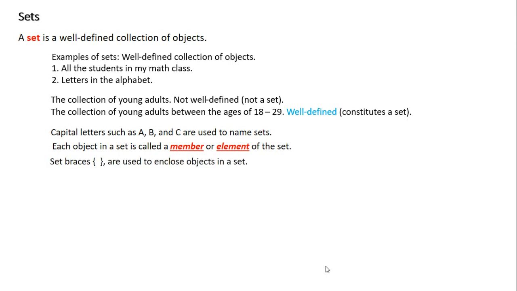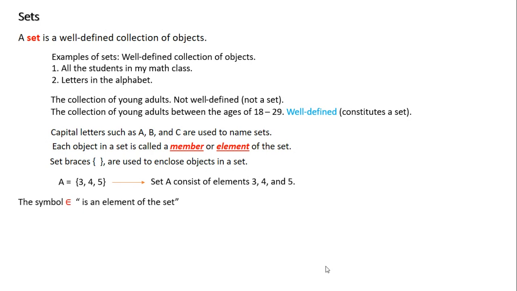When we indicate that we're talking about a set of objects, we use these curly brackets to enclose the objects in a set. For example, we have this set A. The name of the set is capital letter A, and the elements or members in the set are 3, 4, and 5. So we say the set A consists of elements 3, 4, and 5.